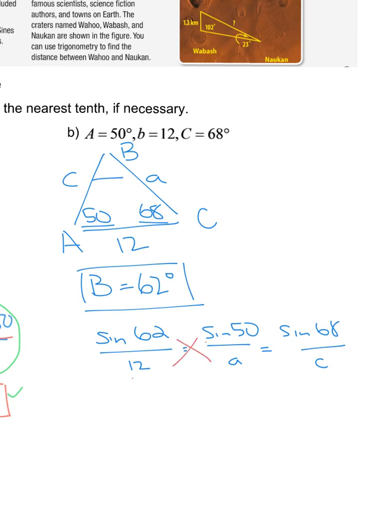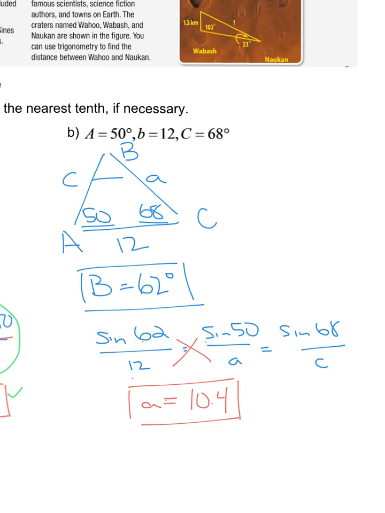So we do 12 times the sine of 50 divided by the sine of 62, just simple work with cross multiplying and proportions. Again, make sure your calculator's in degree mode. When we do 12 sine of 50 divided by the sine of 62, we get A is 10.4.